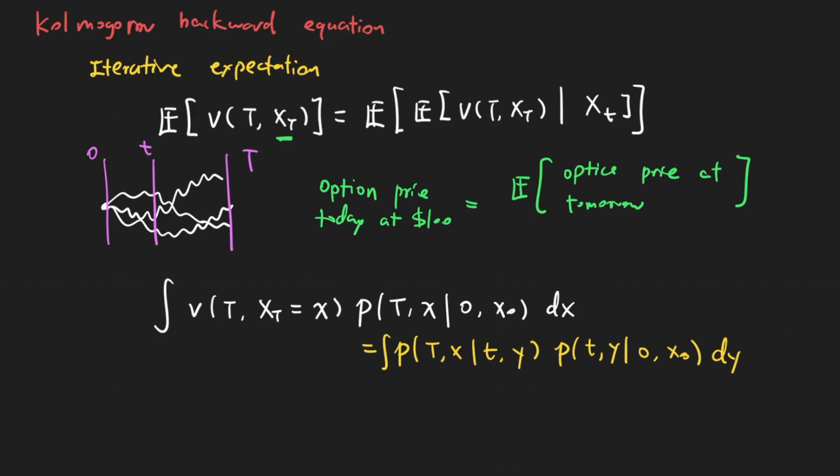And then we can move the terms around. The idea is that we can combine this v term with this probability, and that will give us the expectation.